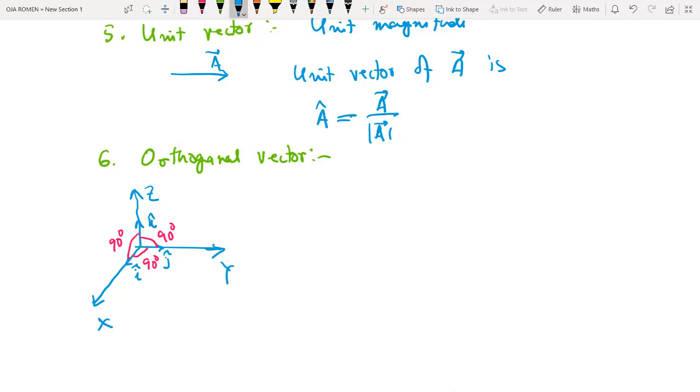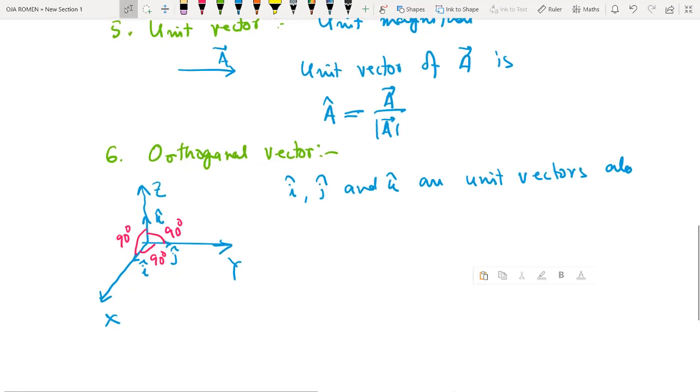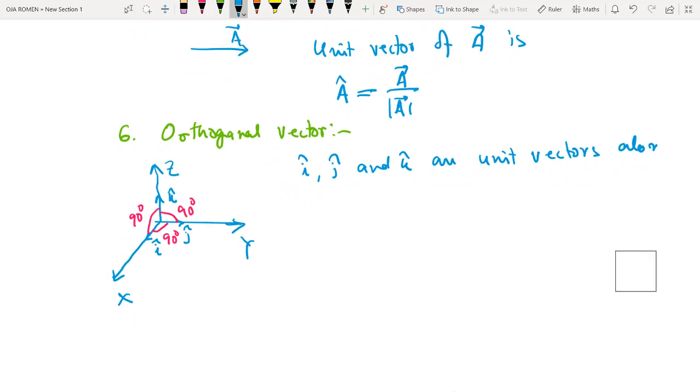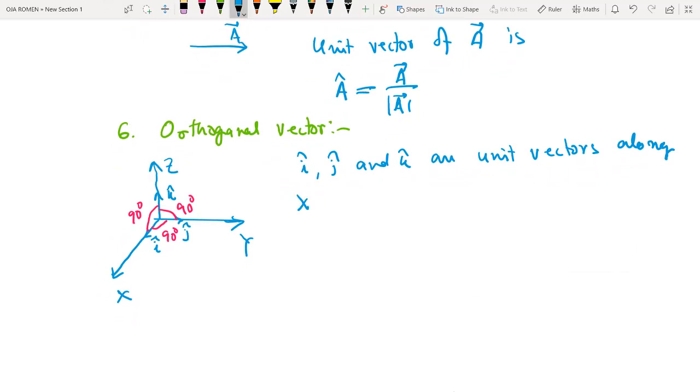So i, j and k are unit vectors along x-axis, y-axis and z-axis respectively.